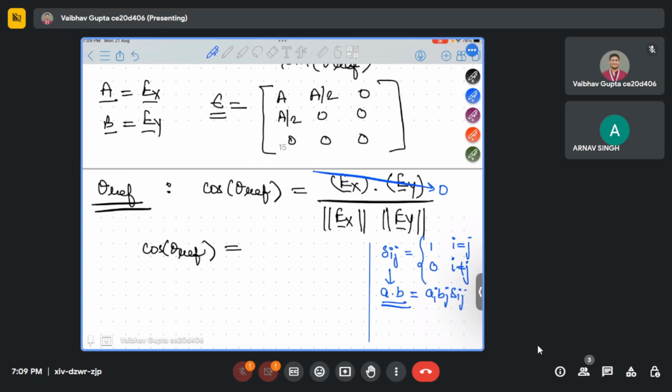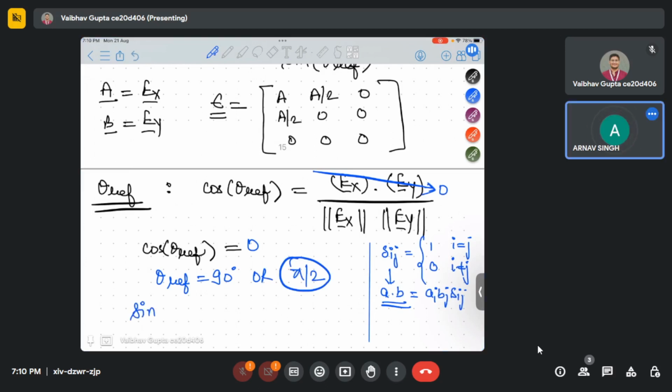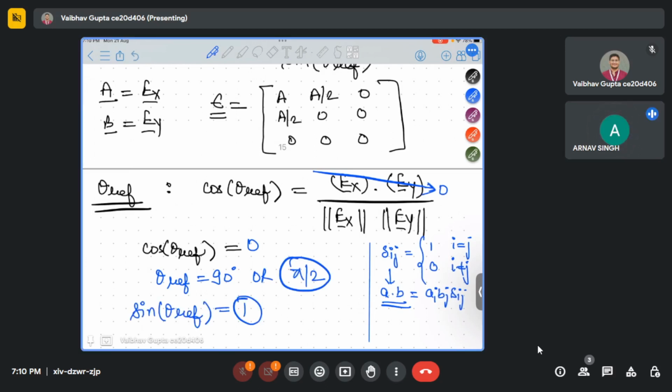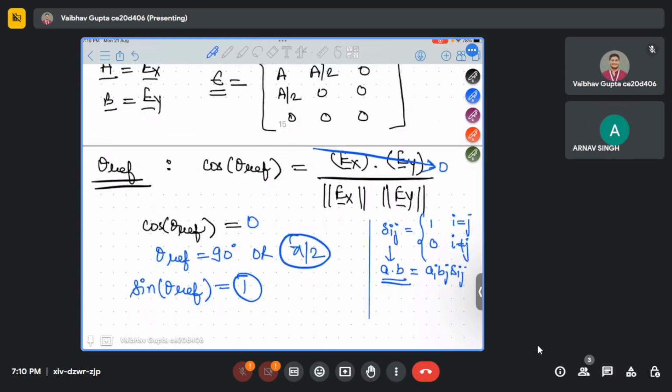Got it? So here i is not equal to j, so that is equal to 0. So theta ref will be equal to 90 degrees or pi by 2. Then sin theta ref will be 1. Sin 90 degrees is 1.